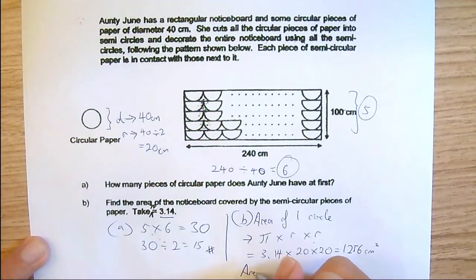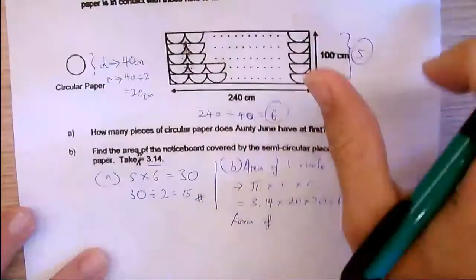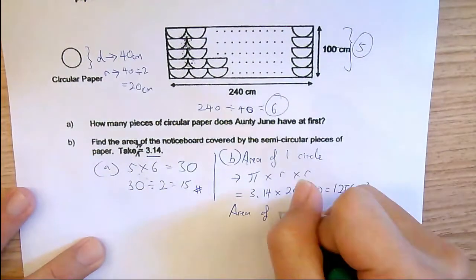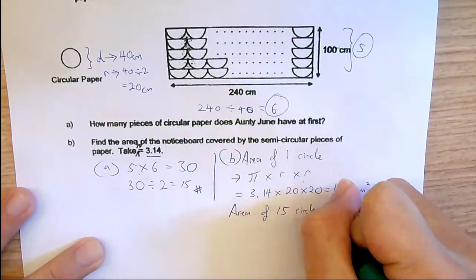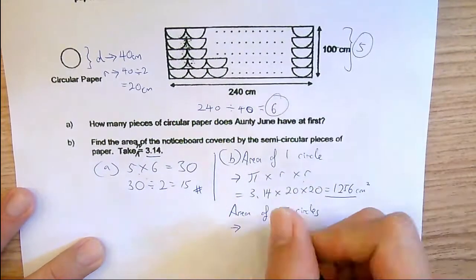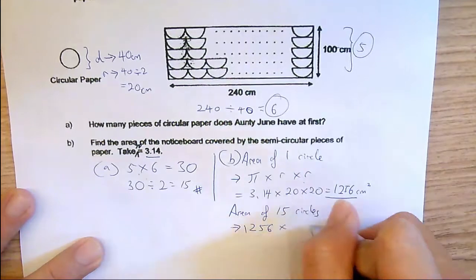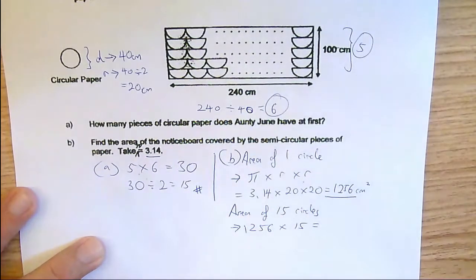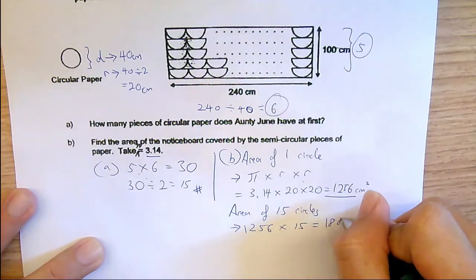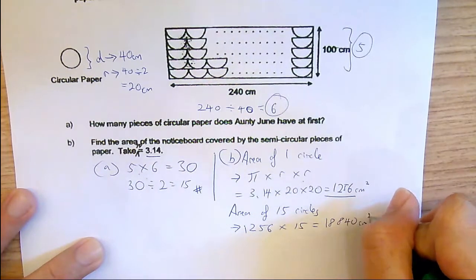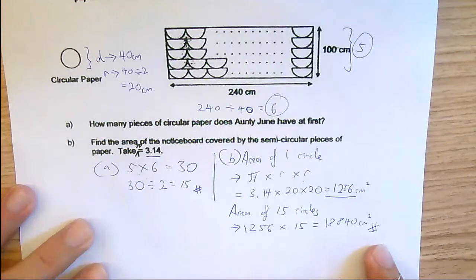Area of 15 circles. This will be easy because we just have to take 1256 multiplied by 15, and what will that give us? This will give us 18,840 cm squared. So this is the final answer for this.